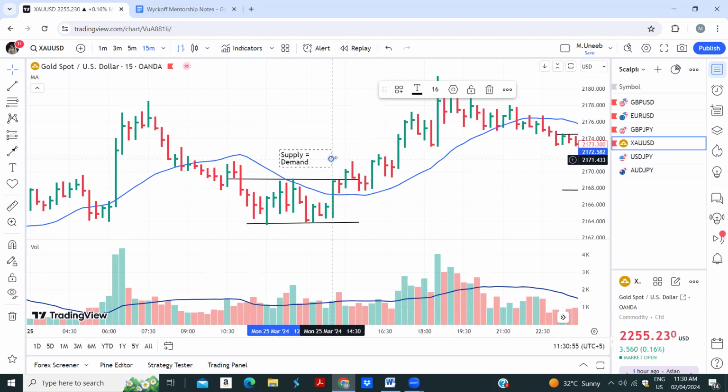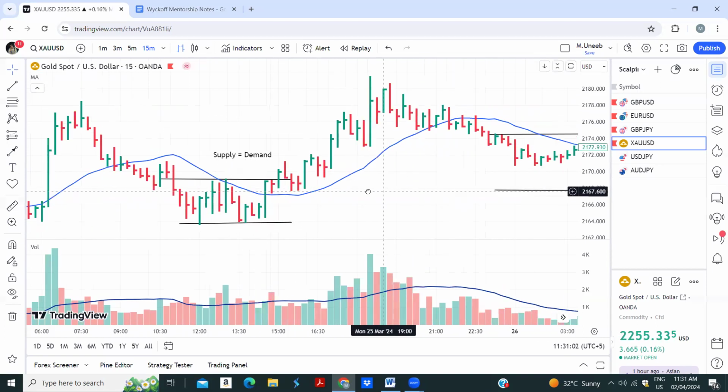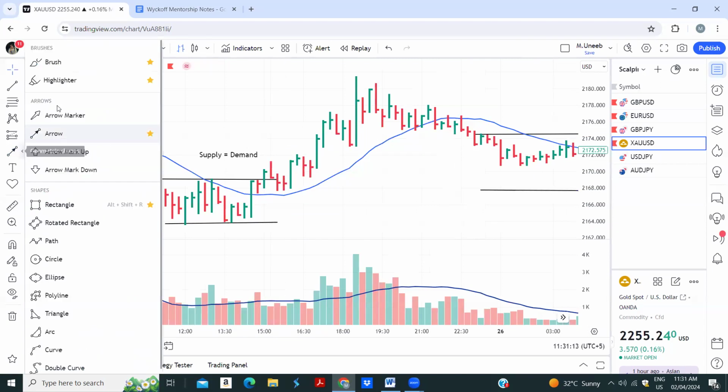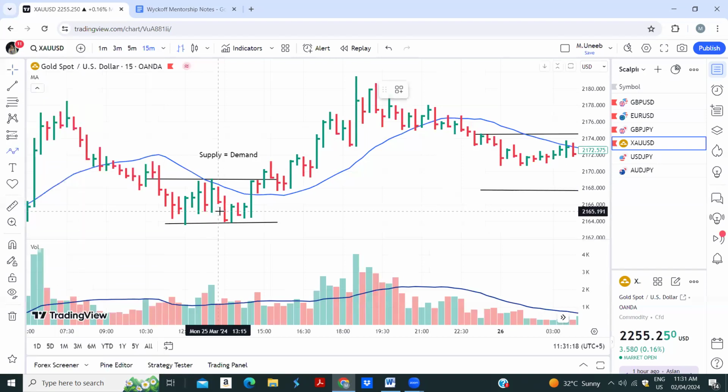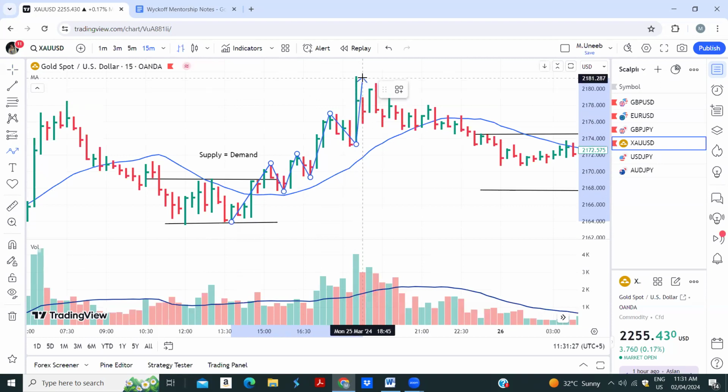Whenever supply is equal to demand, the price will be in equilibrium and it will move in a range, as it is shown here. How about this feature? You can easily see that the price is going up. Let me use the path line. As you can see, when the demand is greater than supply, the price is moving up. So what is happening here?